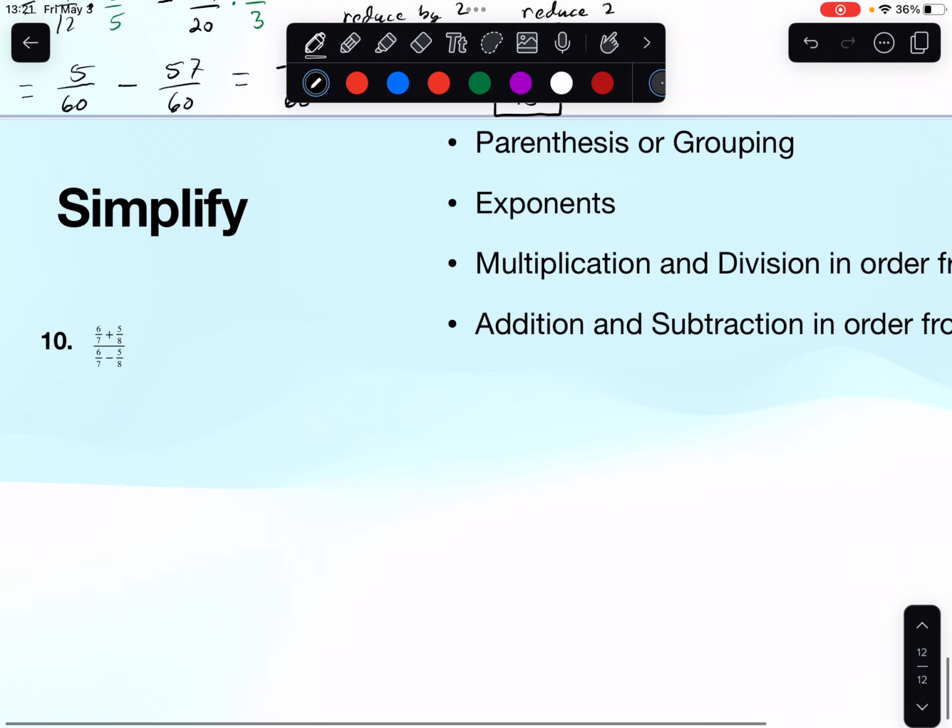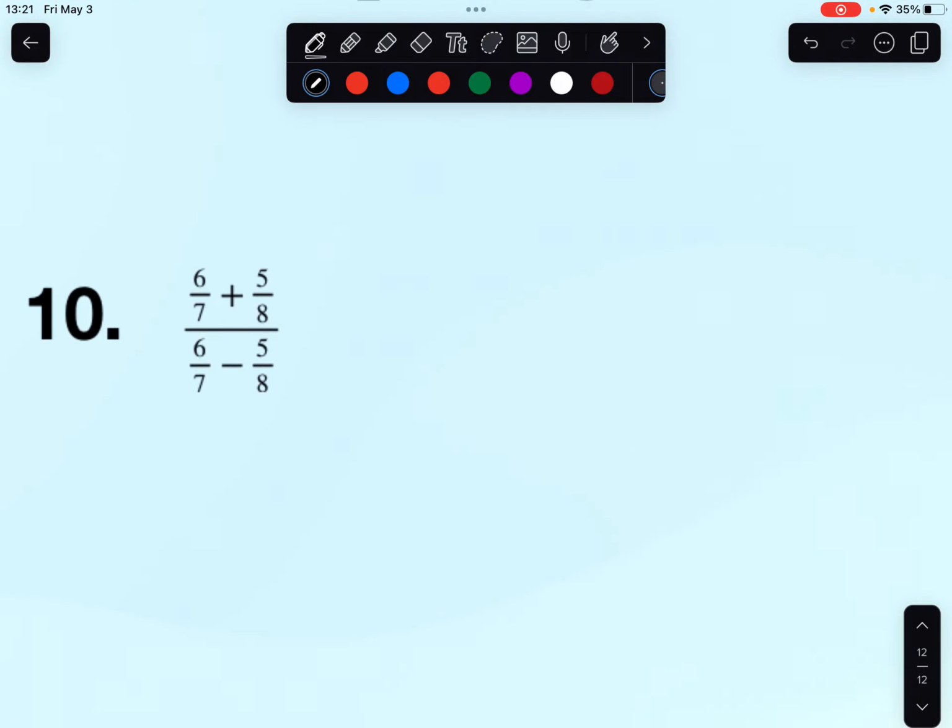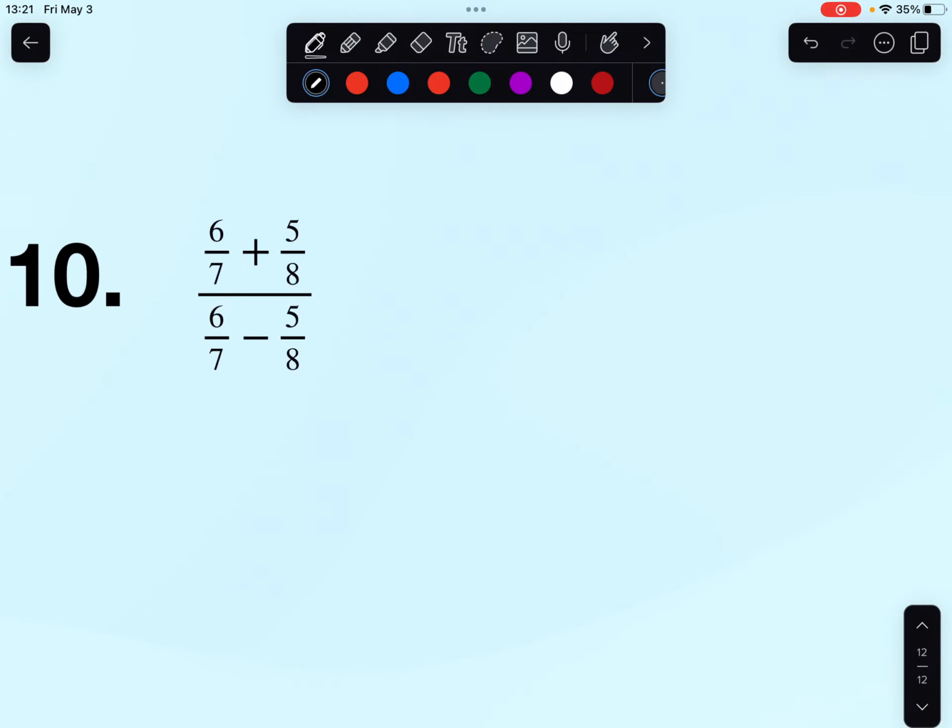This one's a little on the smaller side, so let's go ahead and blow it up. We've got 6/7 plus 5/8, and then divided by 6 over 7 minus 5 over 8. It is bad algebra to try to cancel something weird like that.